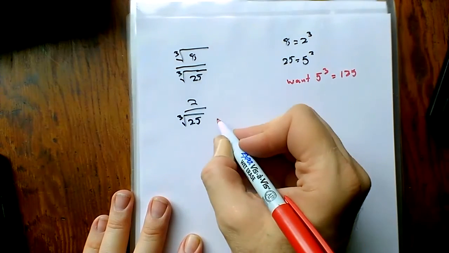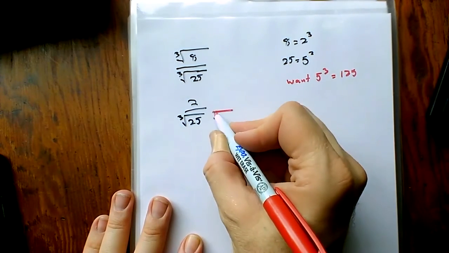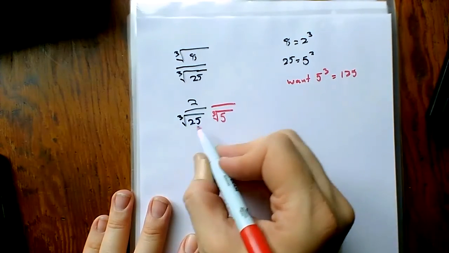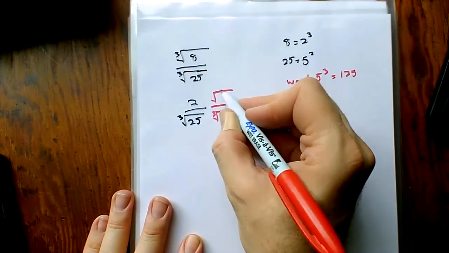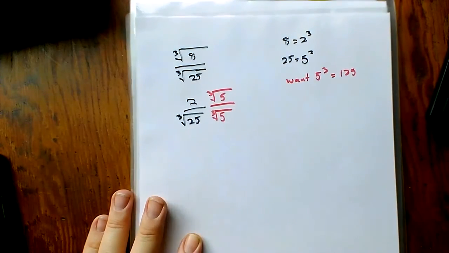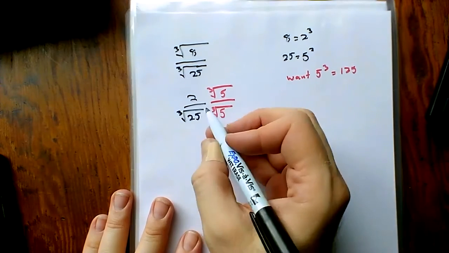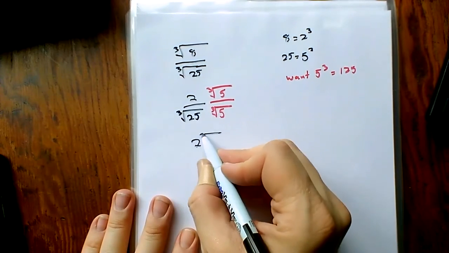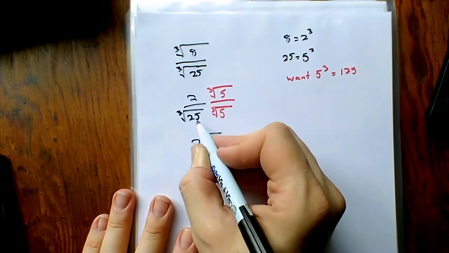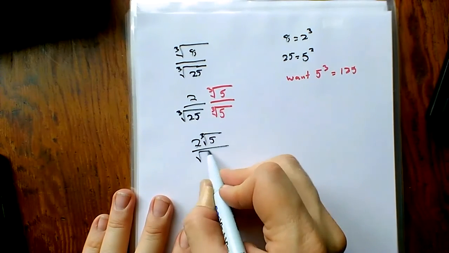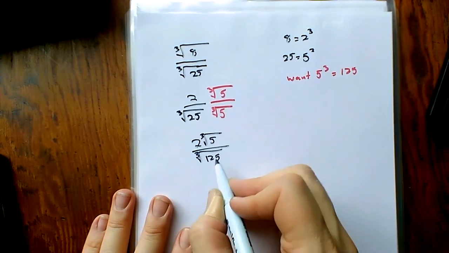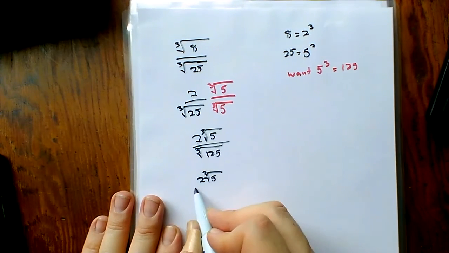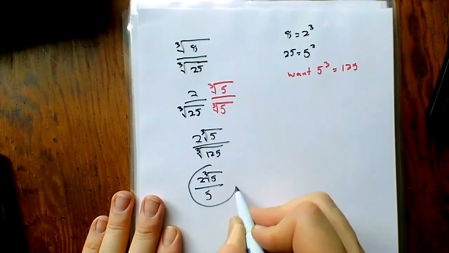So what I'm going to do is multiply this by another cube root of 5. 5 times 25 is 125, or this would be 5 cubed. Now, when I do this, I'll have 2 times the cube root of 5 over the cube root of 125, or hey, it'll be 2 cube roots of 5 over 5. And we'll be done right here.